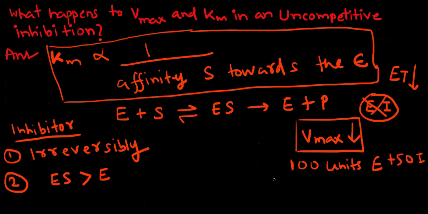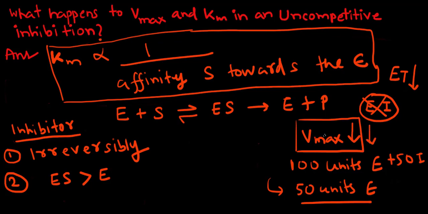Now let us suppose these 50 units of inhibitor bind with 100 units of the enzyme. They are going to make these enzymes non-functional because the binding is irreversible, right? So only 50 units of the enzyme remain. So what do you think will happen to the Vmax? The Vmax is definitely going to drop down.